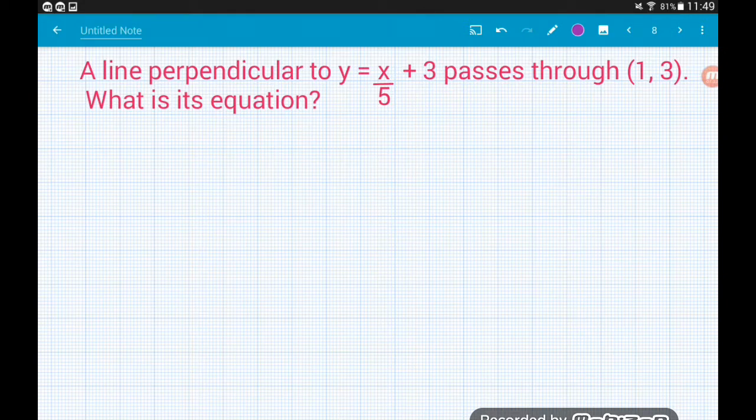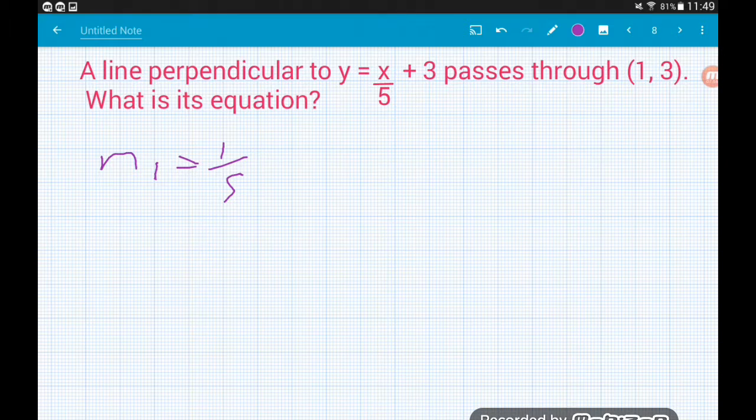Okay, a line perpendicular to y equals x over 5 add 3 passes through the point (1, 3). What is its equation? Okay, so here then, we know the gradient of a line. We don't care about the plus 3, we only care about the gradient. So m1 is equal to x over 5, well that tells us that the gradient is 1/5.